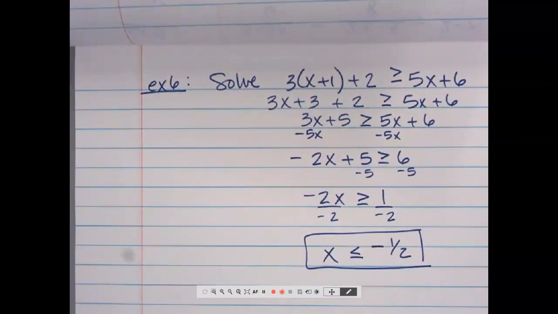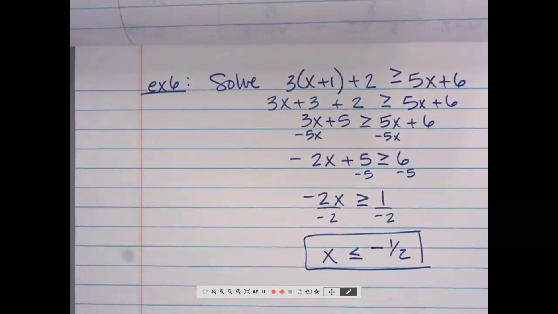Check up here when you're done. Make sure I didn't make a mistake, because I will make plenty and I make the same dumb mistakes y'all make. Add things wrong, multiply things wrong.